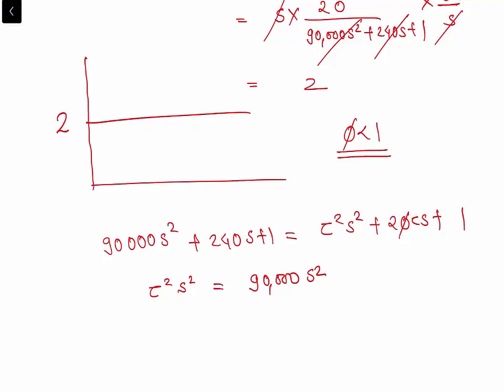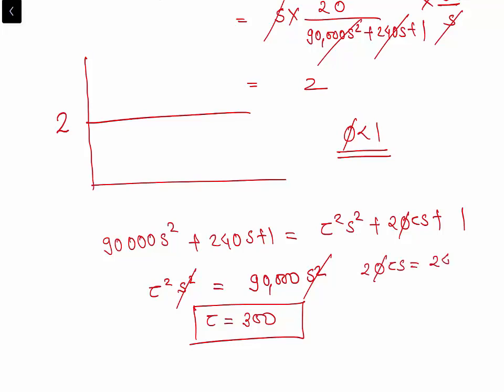Okay, s square will cancel out, so here tau is coming 300. Now we have to check the damping coefficient. So 2 phi tau s equals 240 s. s cancels, so phi will be 240 upon 2 into 300.